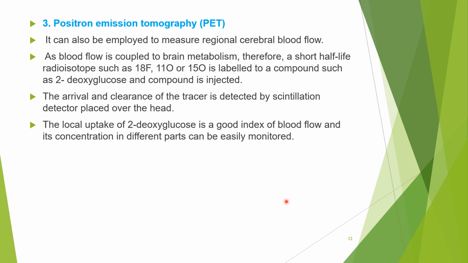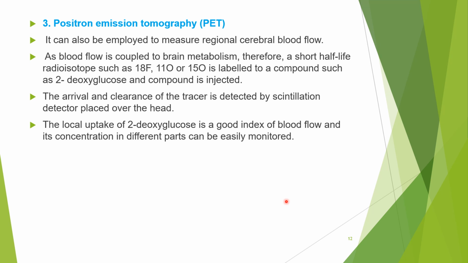Then we are injecting this material into the subject, same as in SPECT. We are dissolving these substances and injecting into the artery. Now the arrival and clearance of the tracer is detected by the same scintillation detectors placed over the head.